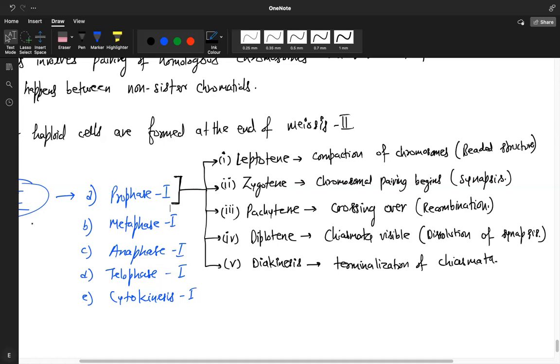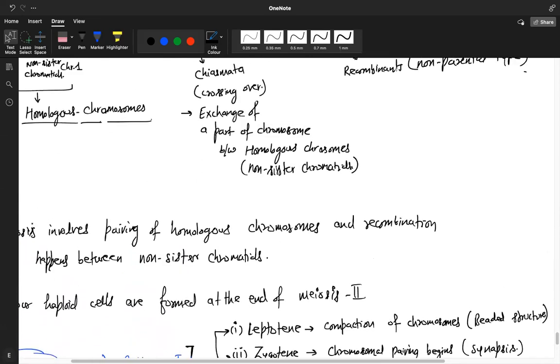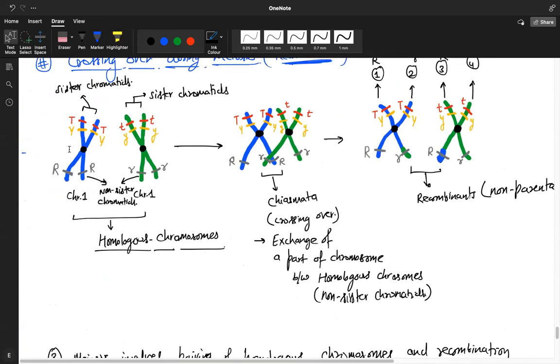But mark here that in case of metaphase 1, there are 2 homologous chromosomes carrying 4 chromatids, 2 sister chromatids each, which are aligning at the plate. This is how it is different from mitosis. You understood?